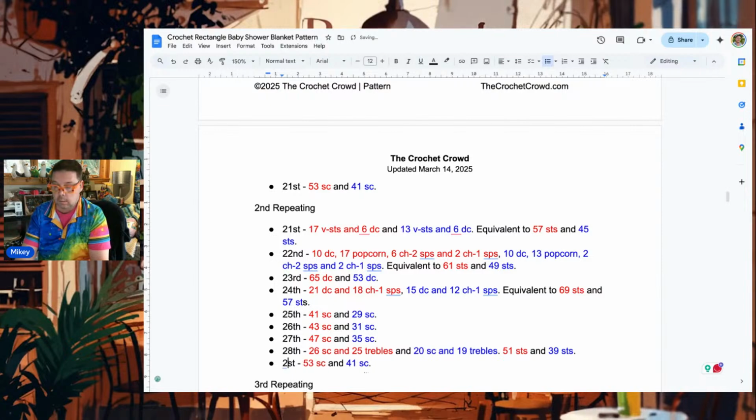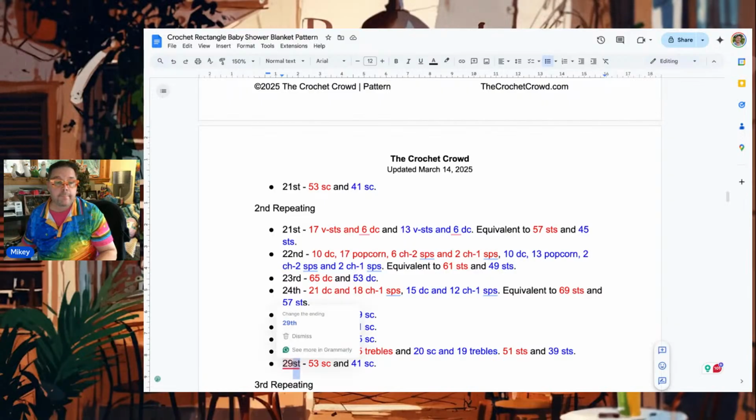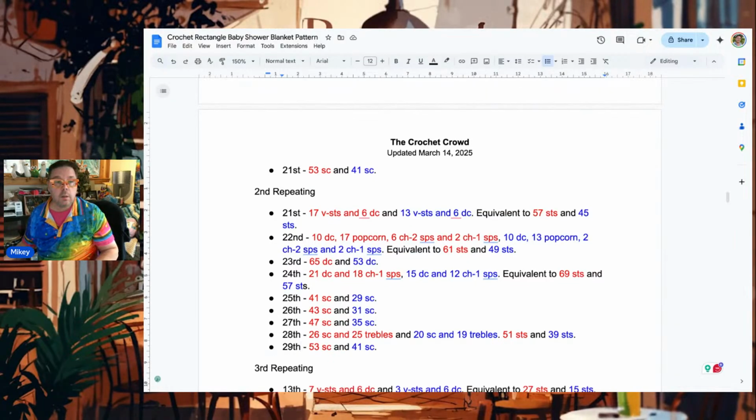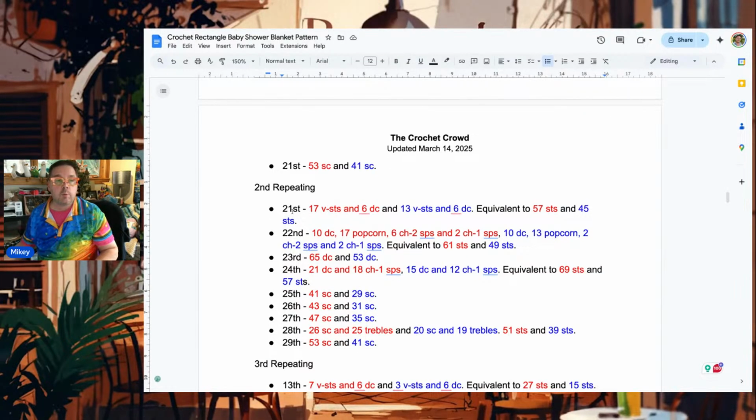Let me just verify that on my sheet. 1, 22, 23, 24, 25, 26, 27, 28, 29, 1, 2, 3, 4, 5, 6, 7, 8, 9.